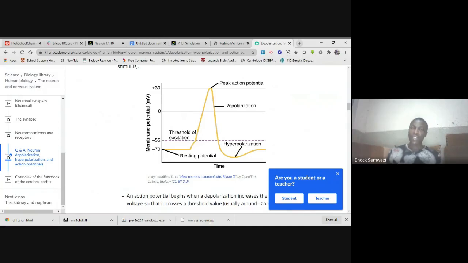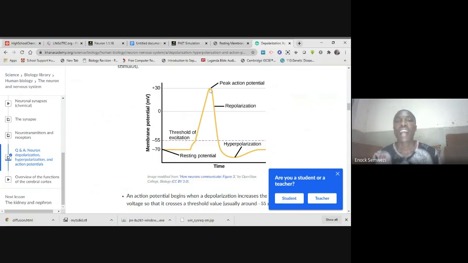Any further stimulation beyond that will cause the membrane potential to rise beyond this value. It will cause the firing of an impulse, and therefore more sodium ions will enter inside the axon to cause depolarization, which can lead to production of an impulse.